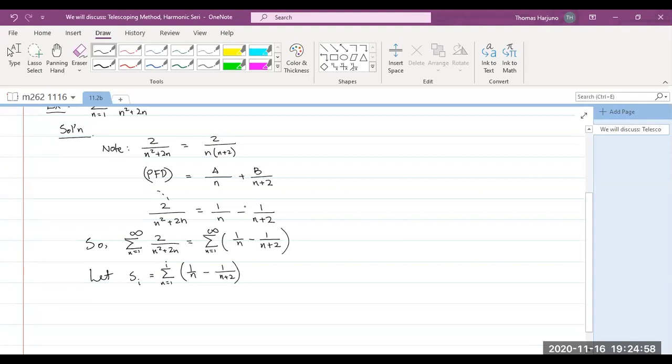You will see that the ith partial sum is equal to, when n equals 1, plus when n equals 2, plus n equals 3, n equals 4, up to I. So when n equals I, it will be 1 over I minus 1 over I plus 2.